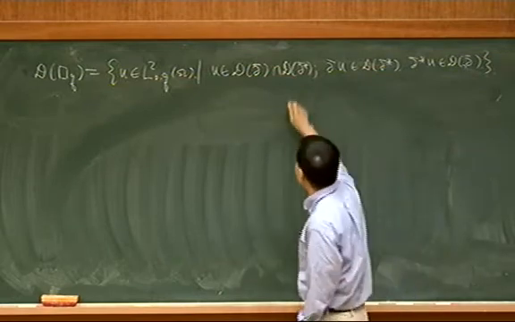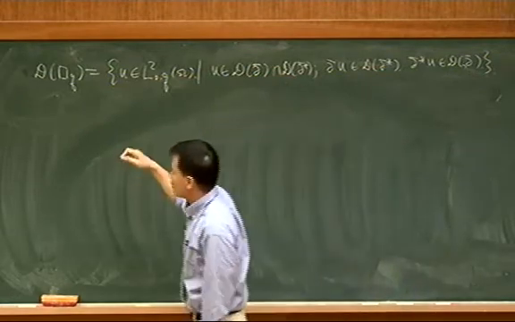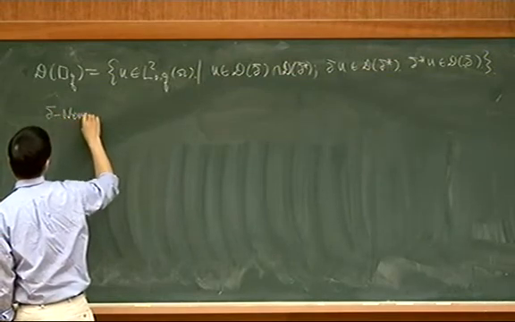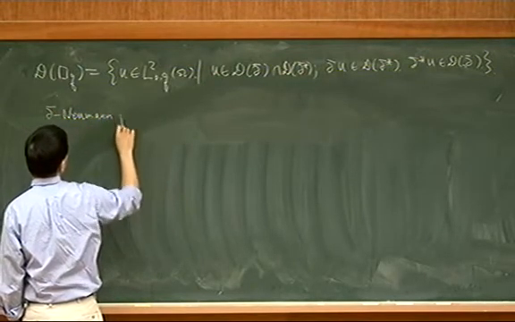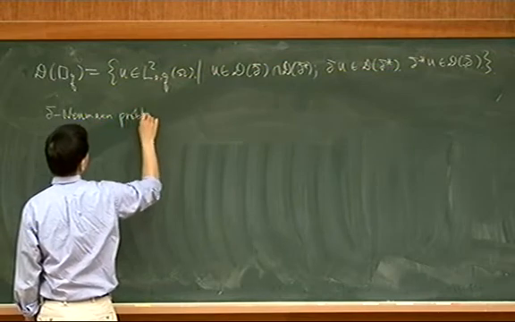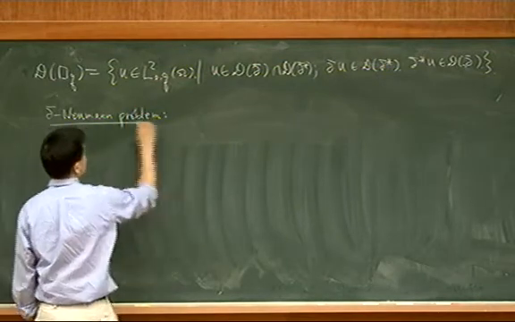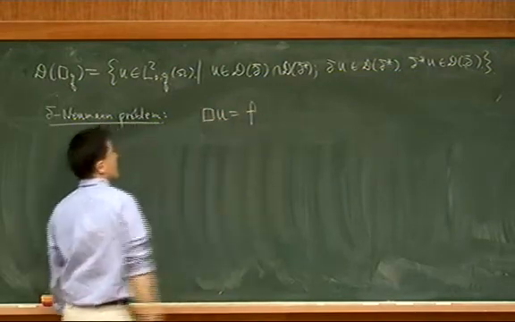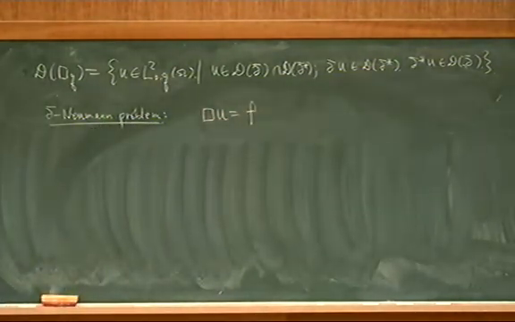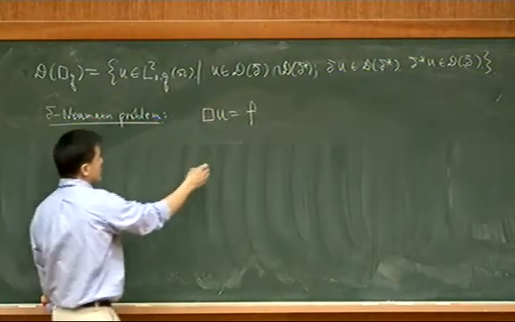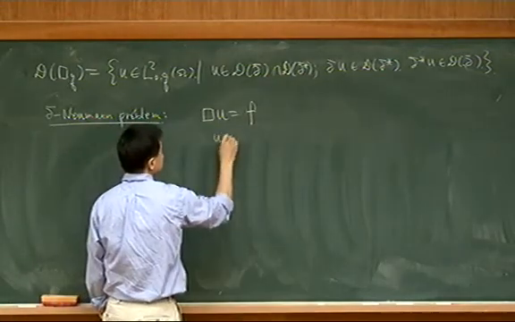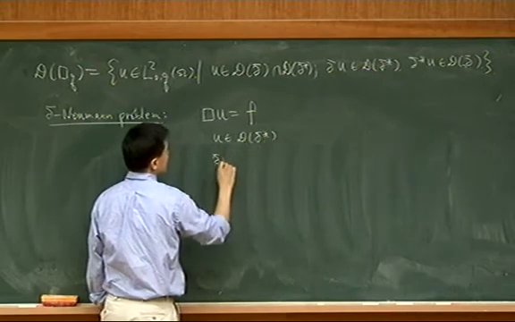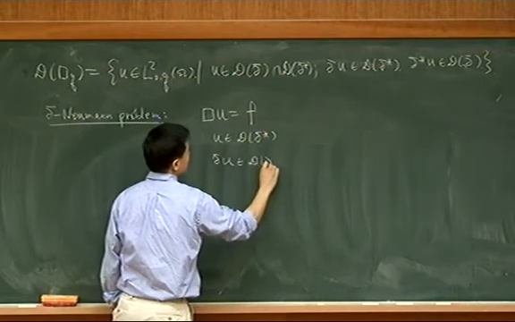Now, when we solve the dbar-Neumann problem, which asks about solving this equation, implicitly we assume that u must be in the domain of dbar star, and dbar u must be in the domain of dbar star.